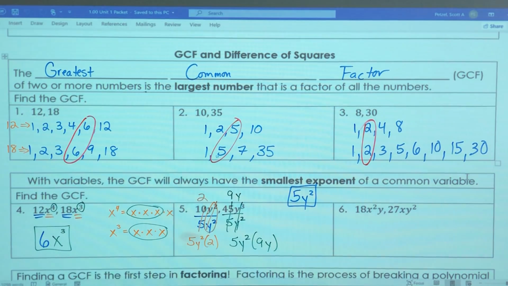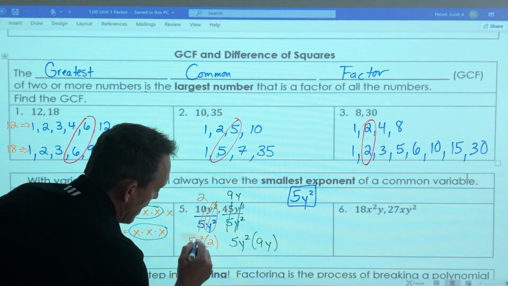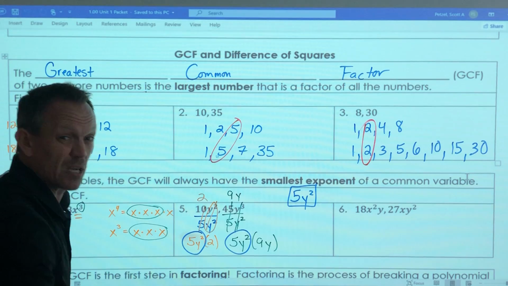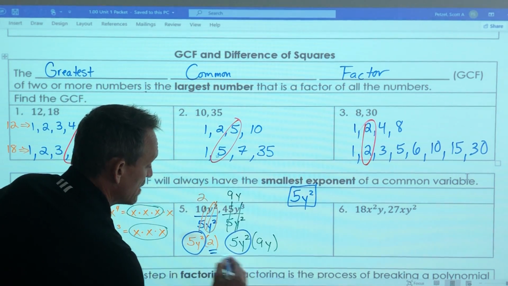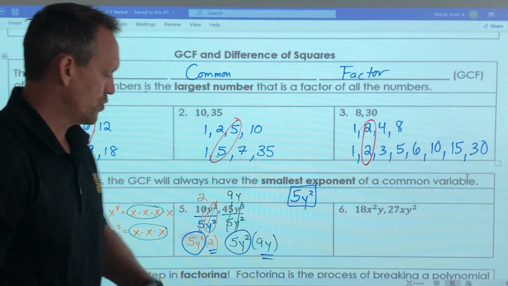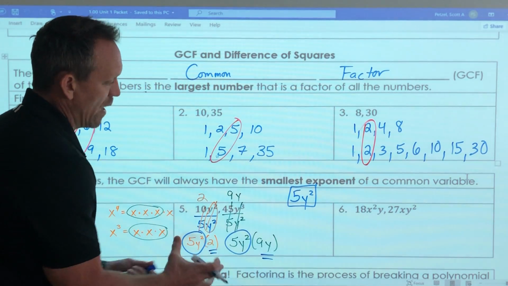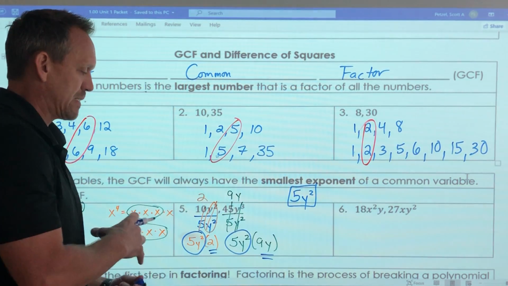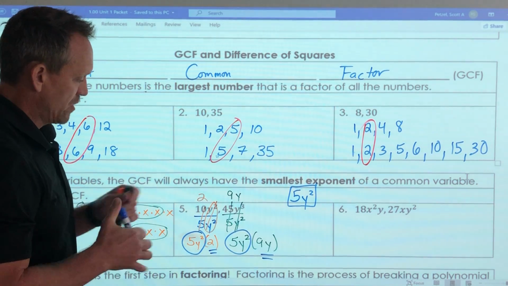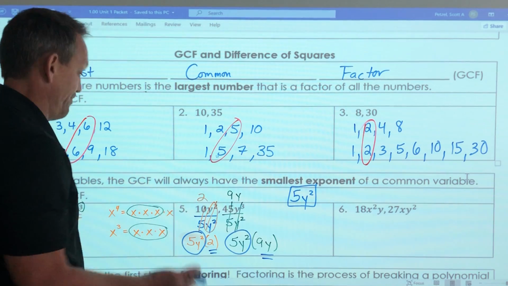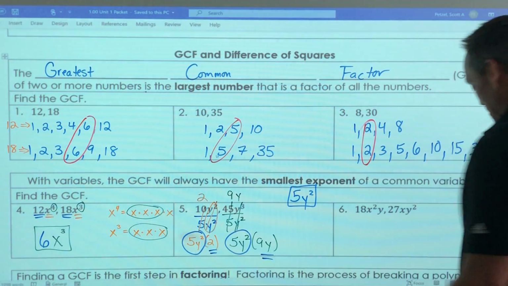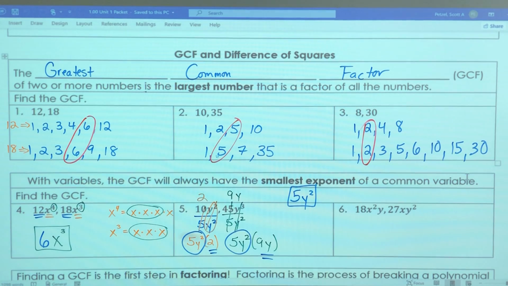So you'll see that this and this is the GCF, because what's left, that 2 and that 9y, have nothing in common. That 5y squared is the max that is in common between the two expressions. We'll call them expressions, okay?